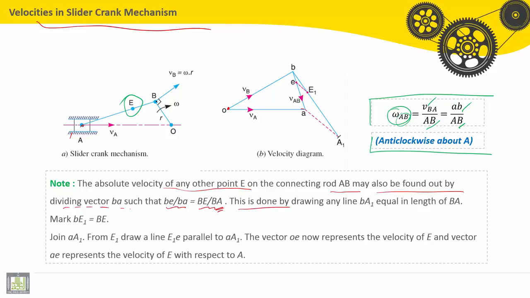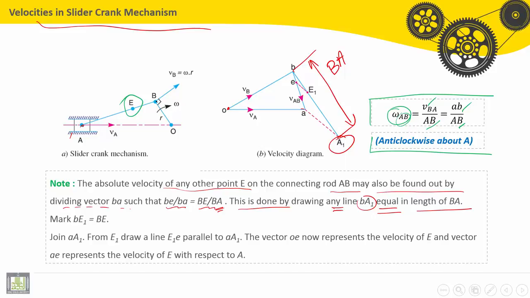This is done by drawing any line BA1, whose orientation can be anything, but its length is equal to the length of BA.